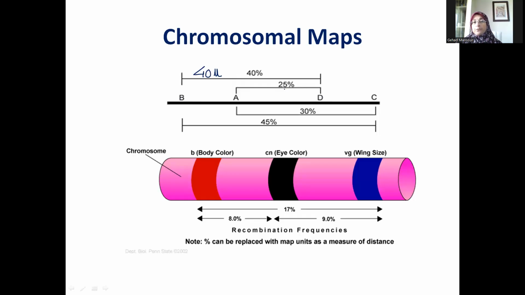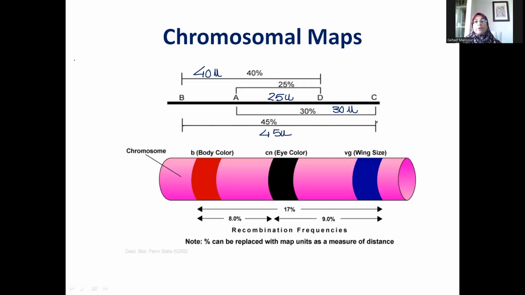They're giving you the frequency of crossing over between A and D, which is 25, and therefore the distance between them is 25 units. And then we have the frequency of crossing over between A and C, which is 30%, meaning that the distance between them would be 30 units, and that between B and C would be 45 units.